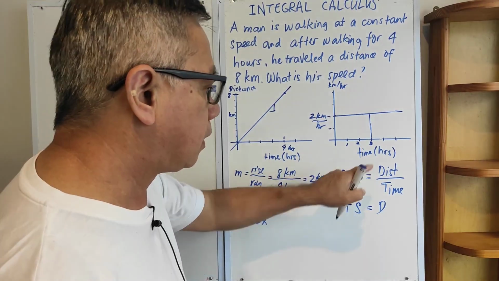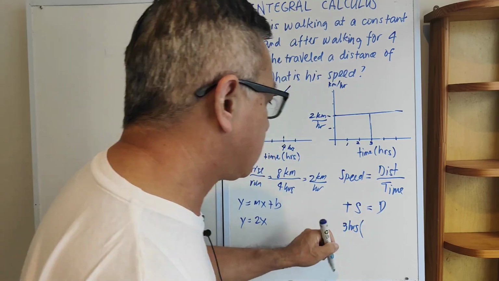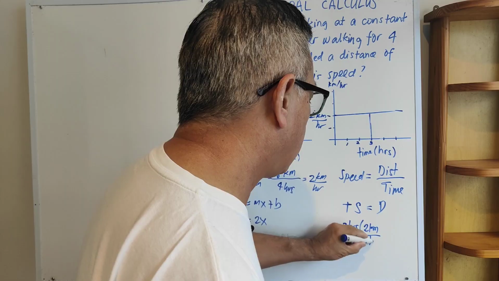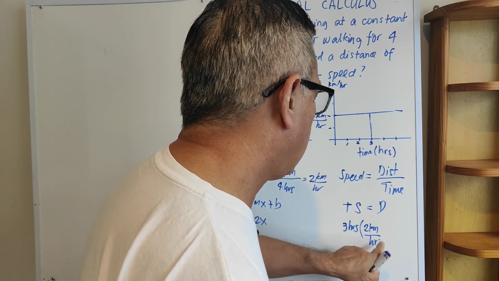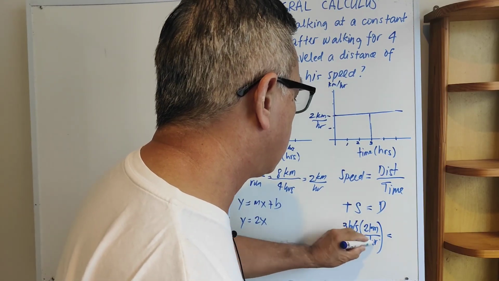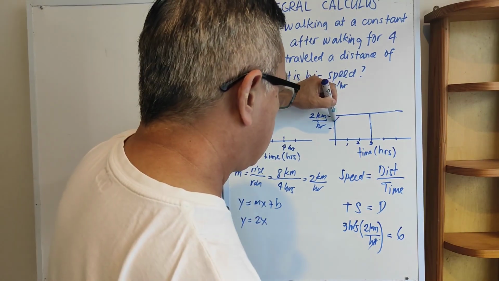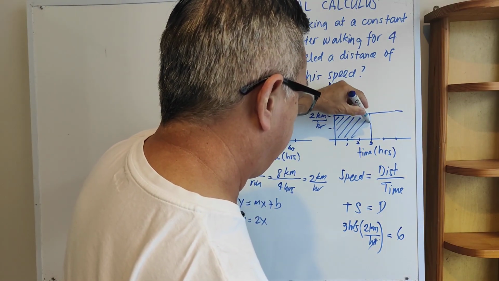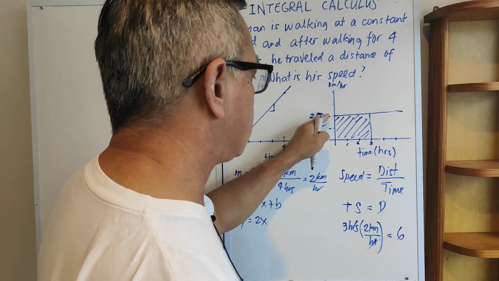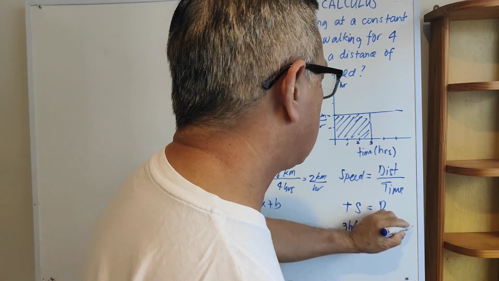So if we have time at 3 hours, and the speed is 2 kilometers per hour, then the distance would be, the hours cancel, 3 times 2 is 6, which is basically this area. So 2 kilometers per hour constantly after 3 hours, 2 times 3 is 6 kilometers.